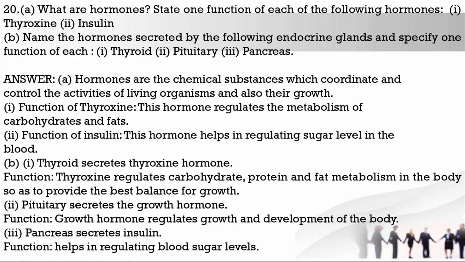Function of insulin: this hormone helps in regulating sugar level in the blood. Thyroid secretes thyroxine hormone. Thyroxine regulates carbohydrate, protein, and fat metabolism in the body so as to provide the best balance for growth. Pituitary secretes the growth hormone. Function: growth hormone regulates growth and development of the body. Pancreas secretes insulin. It helps in regulating blood sugar level.